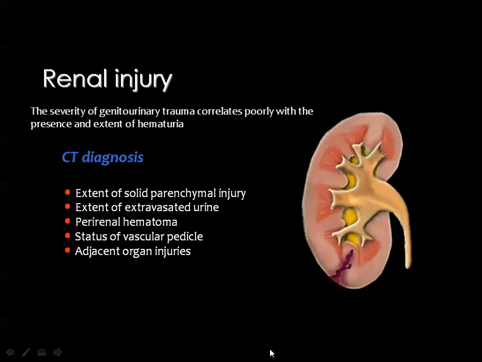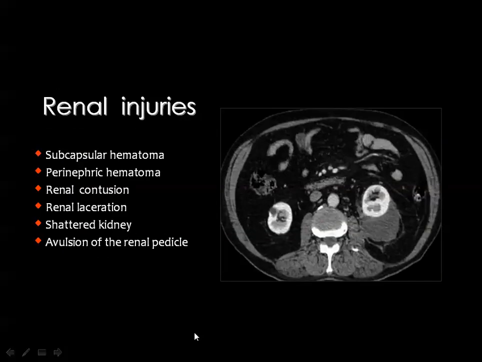Then we came to the injuries of the kidney, and the injuries of the kidneys are easily diagnosed by CT scan, especially after injection of contrast media. And the CT can show the extent of parenchymal renal injury, and can see if there is urine extravasation or perinephric hematoma, the state of vascular pedicle, if it is avulsed or not, and can also evaluate associated injuries of the adjacent organs like the liver and the spleen.